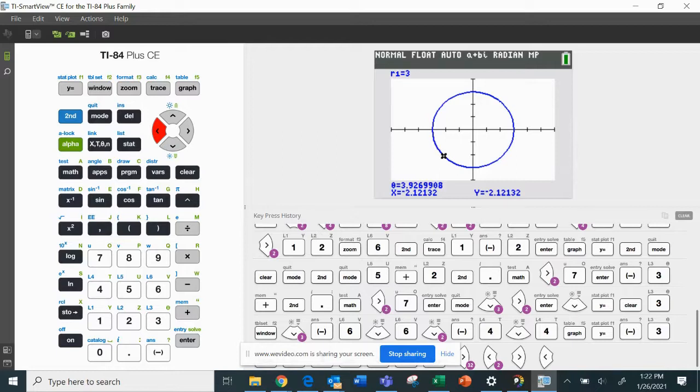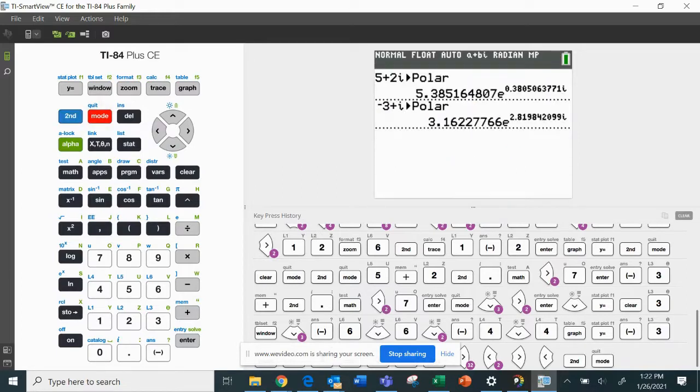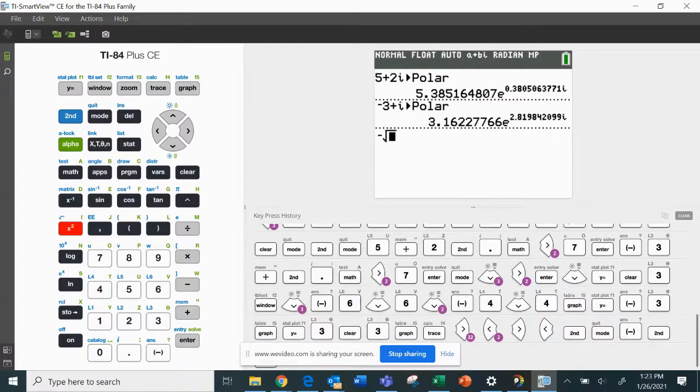If we're at 5 pi over 4, Peyton, what should the X and Y's be? For both, yeah. Is that what your X's and Y's were?